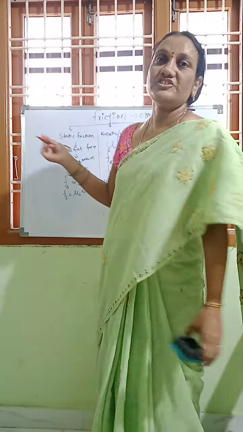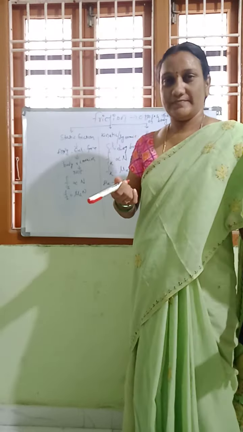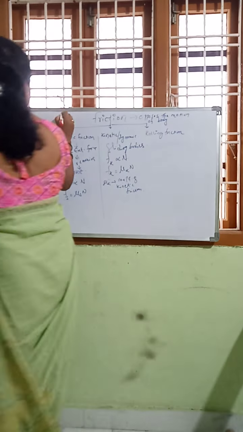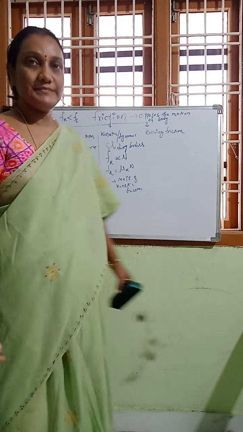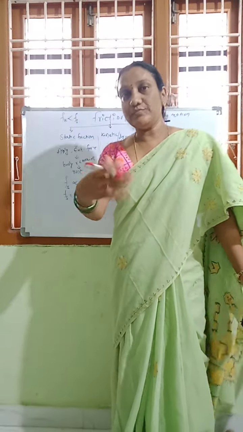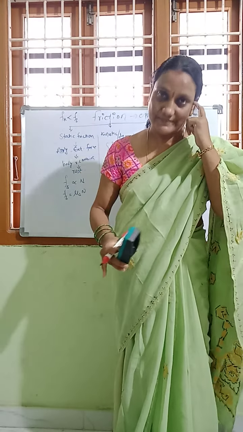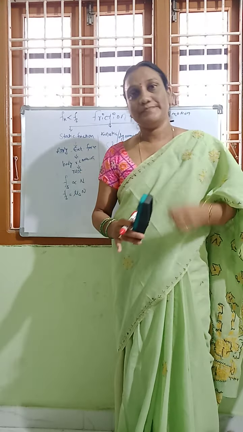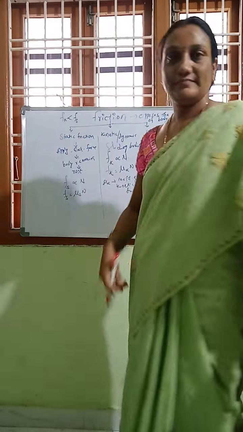Compared to static friction, kinetic friction will be less. So Fk is less than Fs, I can say. So when the body is in motion, the effect of frictional force will decrease. Right? Now next, rolling friction.